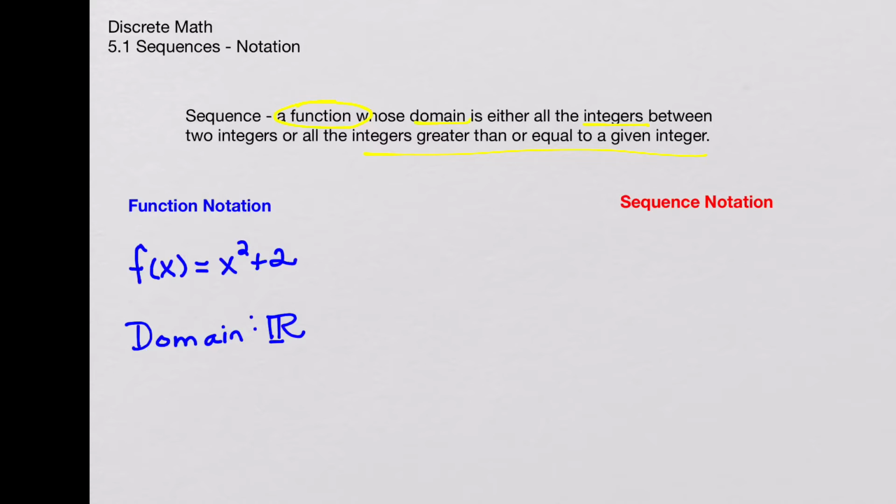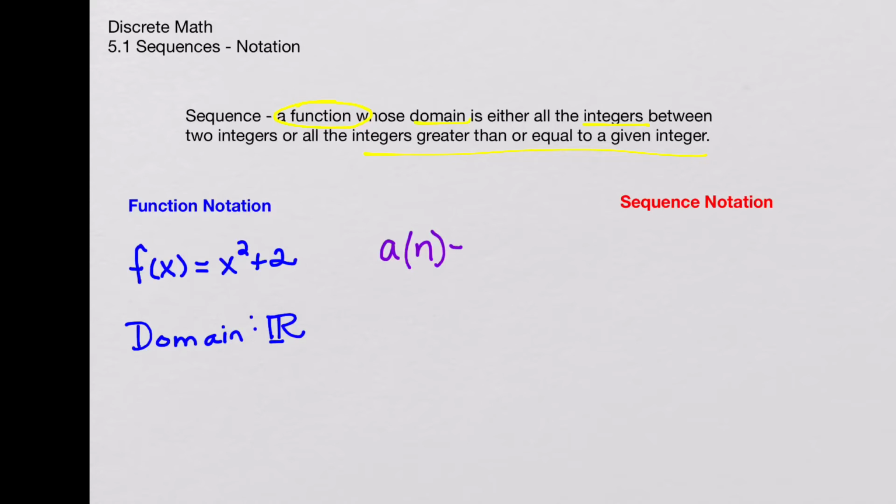All right, let's take a look at how we can change the notation here. Now, the name of our function is f, and when we're using sequence notation, we're going to usually use a as the name of the function. And instead of using the variable x, which normally does indicate that we're using real numbers, we're going to use n because that generally indicates that we're using integers.